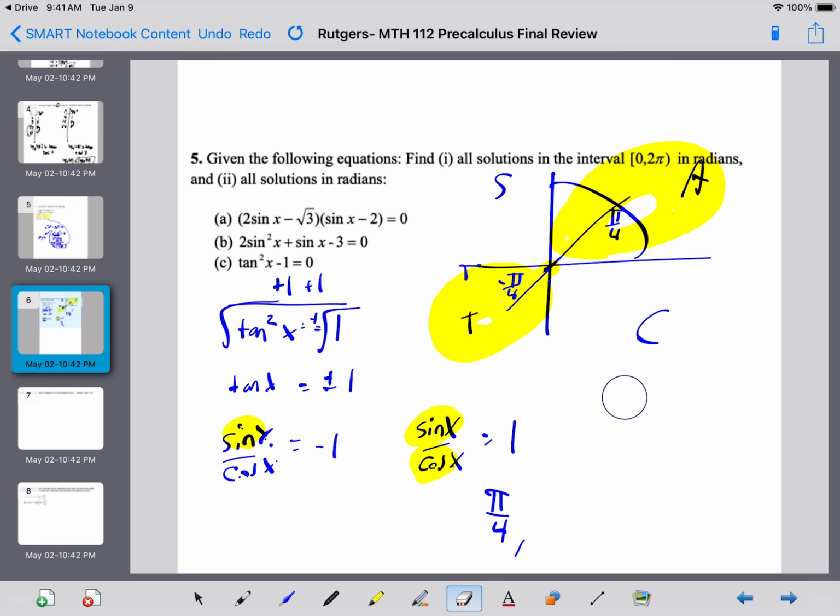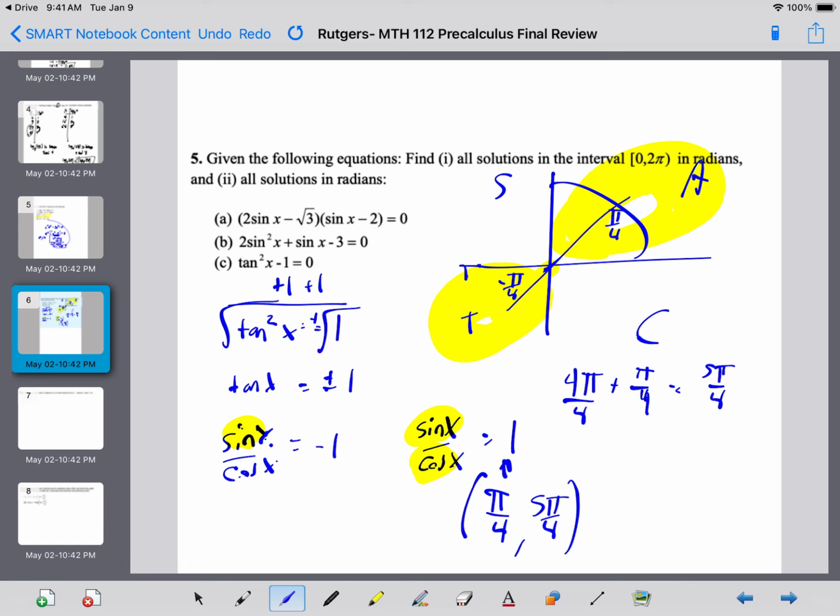It's pi plus pi over 4. So that's like saying 4 pi over 4 plus pi over 4 is 5 pi over 4. So that would be your solutions for 1.